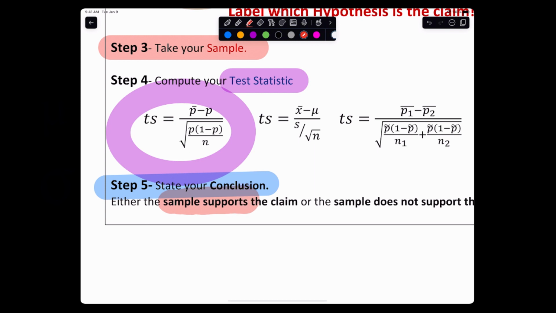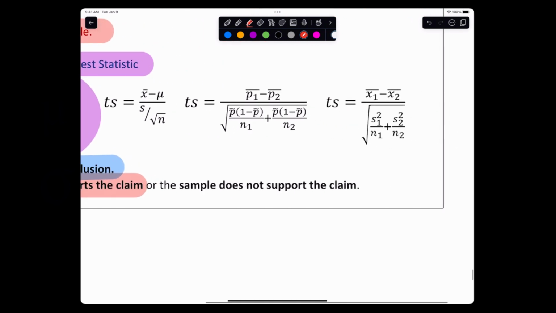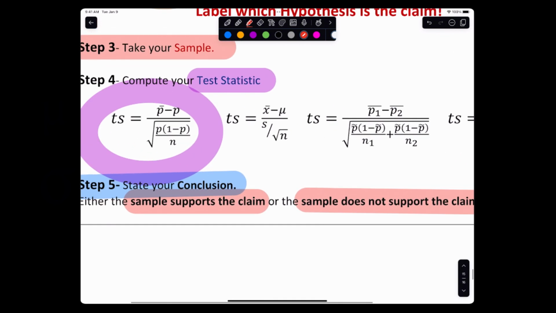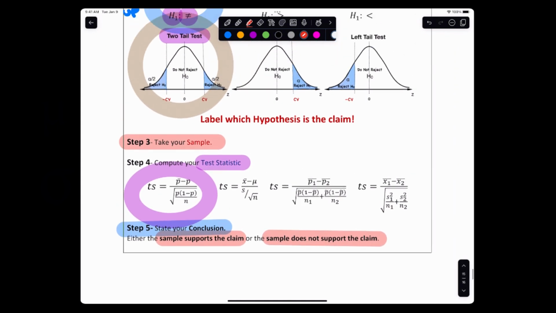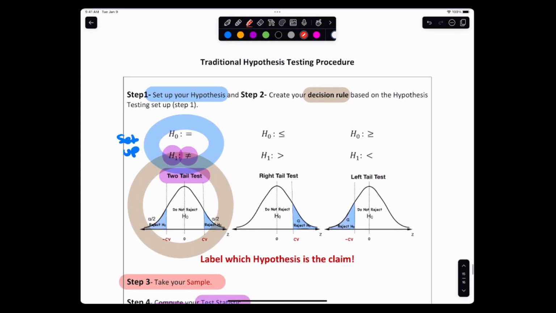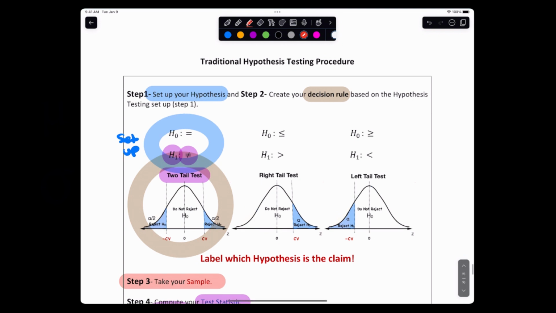Either the sample is going to support the claim or the sample is not going to support the claim. This is your hypothesis testing procedure.